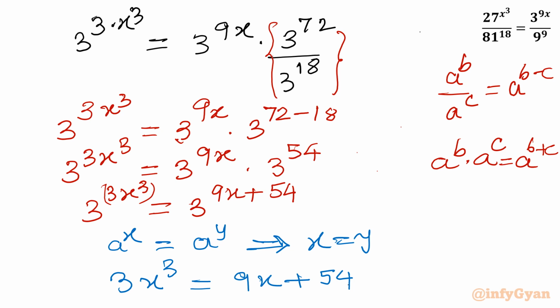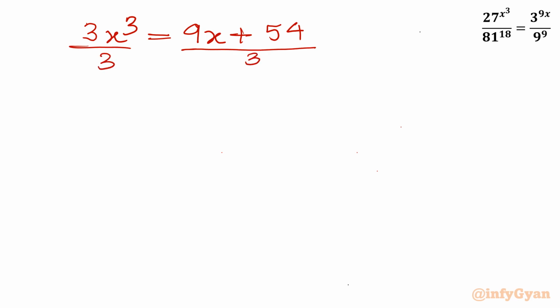Now this equation is divisible by 3, so I will divide both sides by 3. So I will be having x³ equal to 3x plus 18.